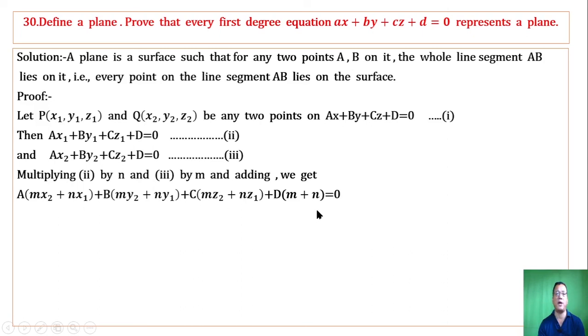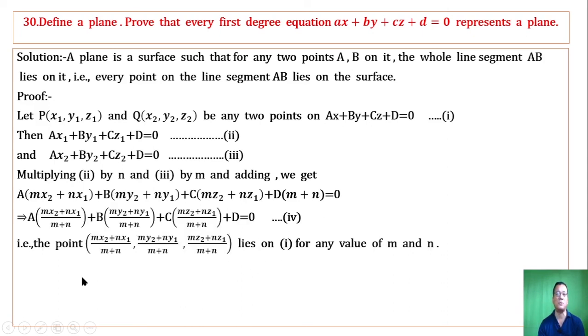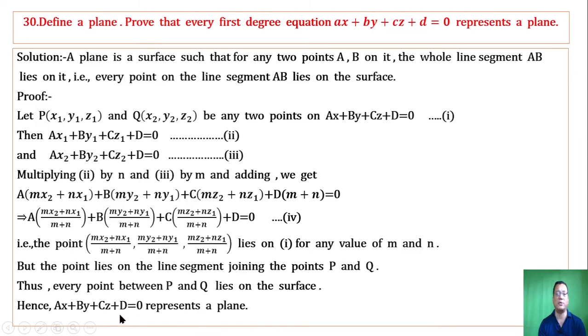Dividing throughout by m plus n, we get this equation, which is equation 4. That is, the point lies on locus 1 for any value of m and n. But this point lies on the line segment joining the points P and Q. Thus, every point on PQ lies on the surface. Hence, this equation represents a plane.